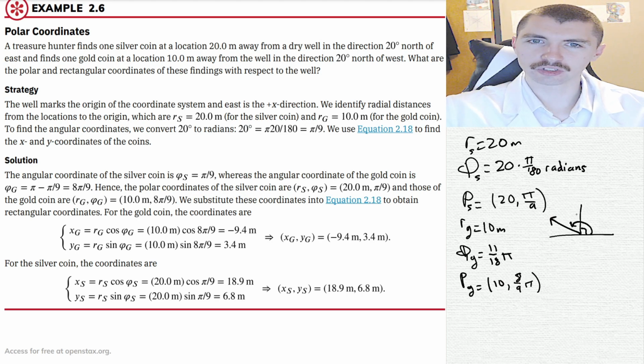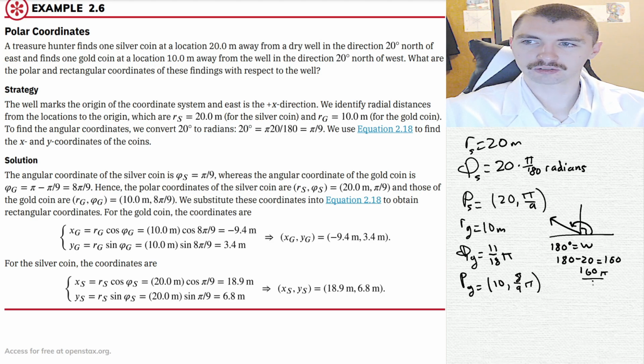So he's saying 20 degrees north of west. Okay, so it's saying 180 is west. 180 degrees is west, and they're saying north of west, so it's 180 minus 20. And then it's 160 pi over 180, equals 8/9 pi.